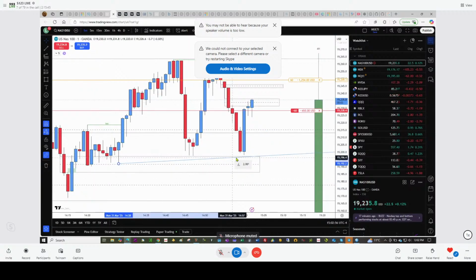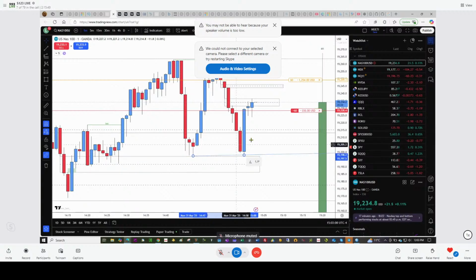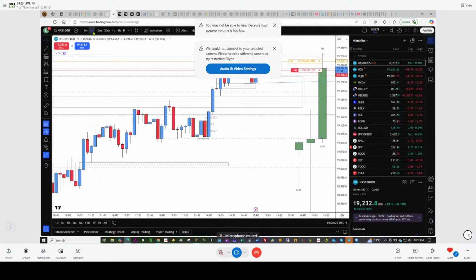New Tom the mark line. How's it look on the 5?